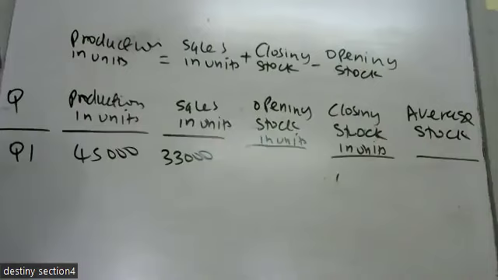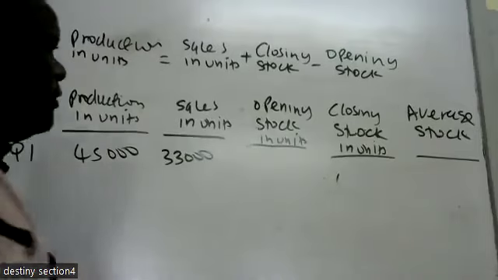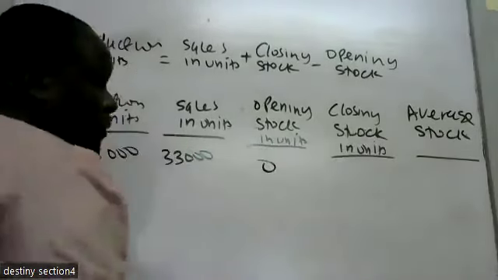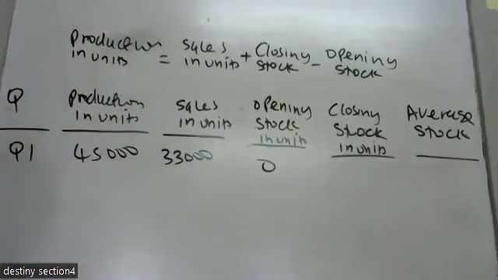So the opening stock is on 1st of July, but they are saying there will be no value for that. So the opening stock is 0 for the 1st quarter.